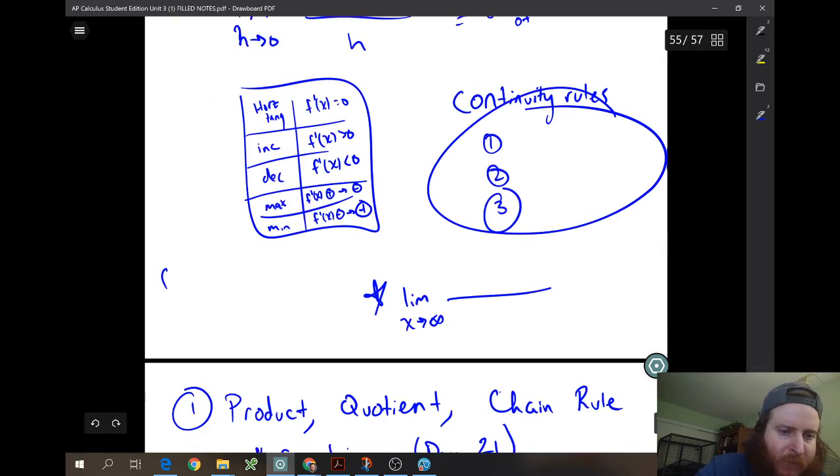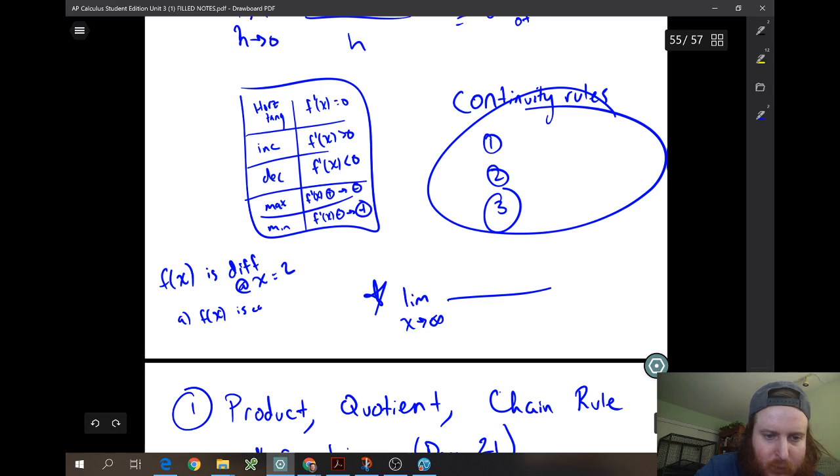So if I said f of x is differentiable at x equals 2, then do we know that f of x is continuous? Yes, we do. Do we know that f of 2 exists? Well, that's one of those three rules, so yes, we do. Do we know that the limit as x approaches 2 from the left side of f of x equals the limit as x approaches 2 from the right side of f of x?